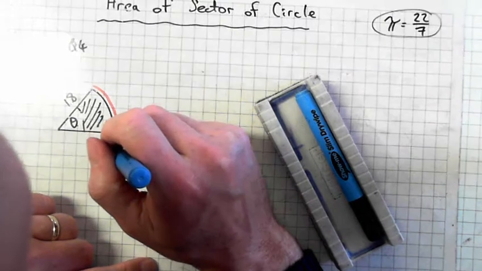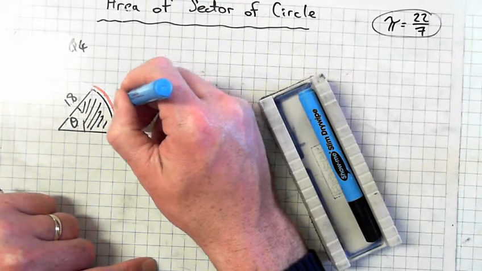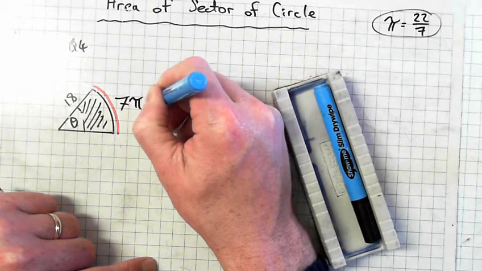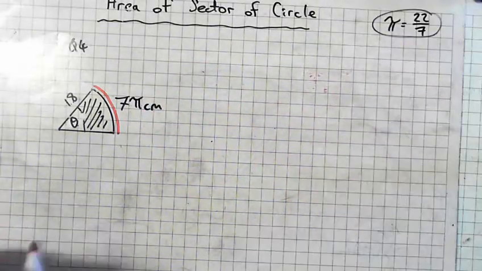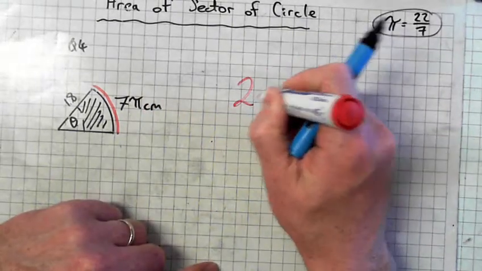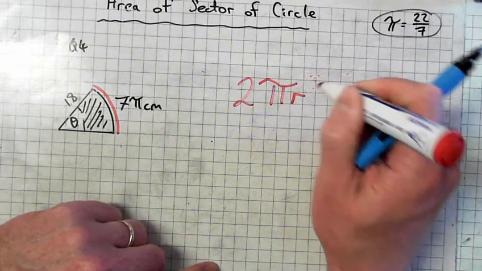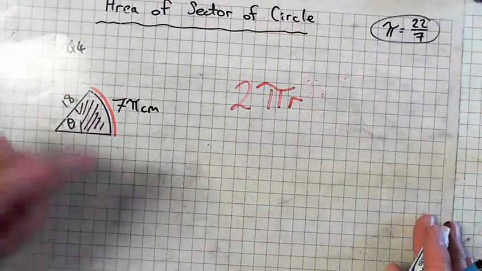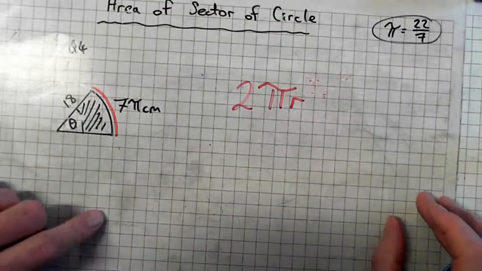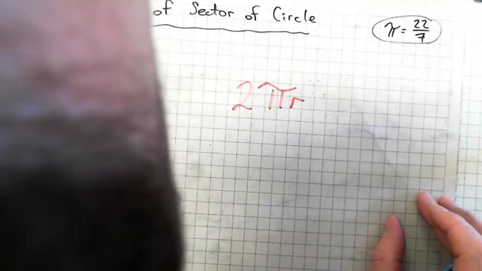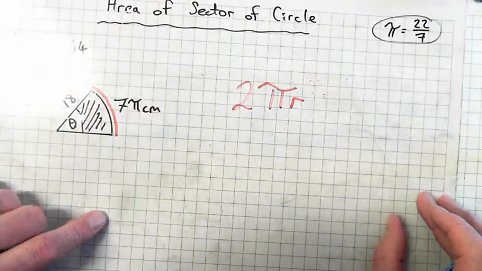The length of the arc is 7 pi centimeters. So in question 4 we're using circumference, 2 pi r, the full way around the full circle. We're told we should find the measure of the angle theta.